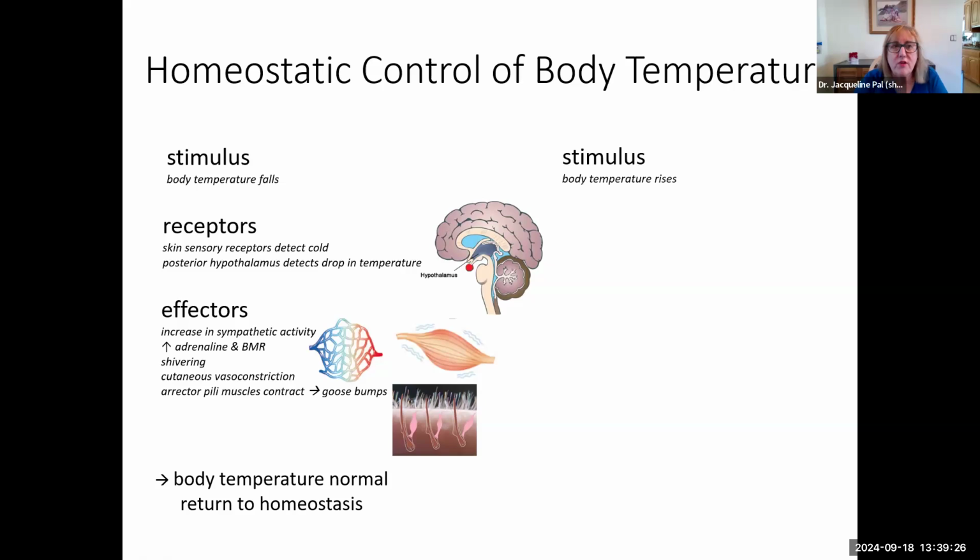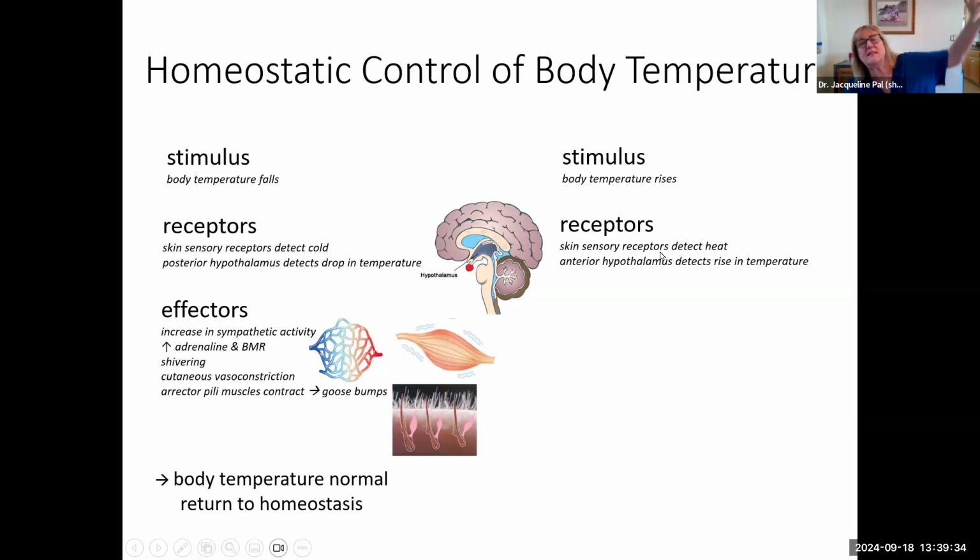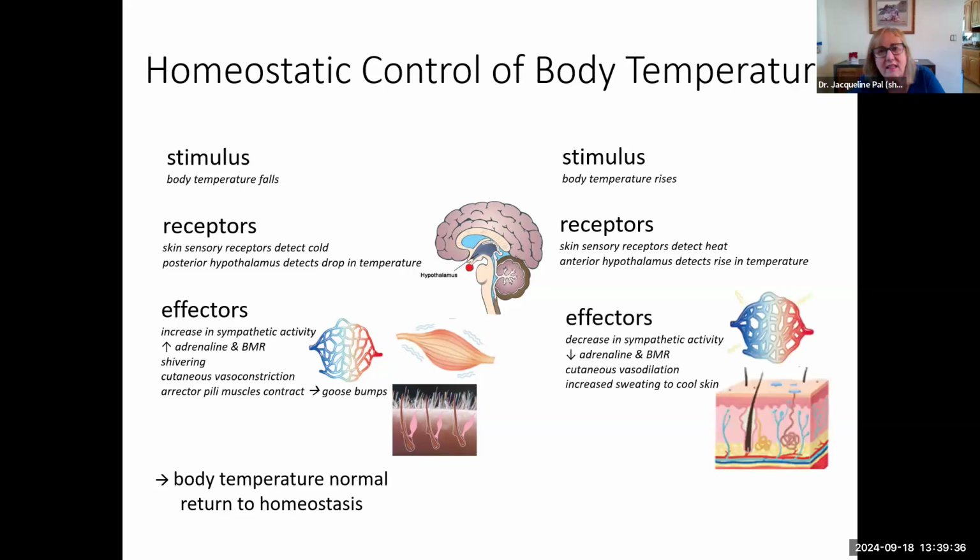Now, if you overshoot, your body temperature has risen too high, your skin sensory receptors are now recognizing, oh, it's too hot. Your hypothalamus has also detected, oh, the body temperature is too high. Your sympathetic nervous system says, okay, we're cutting out the adrenaline. We are going to dilate our blood vessels.